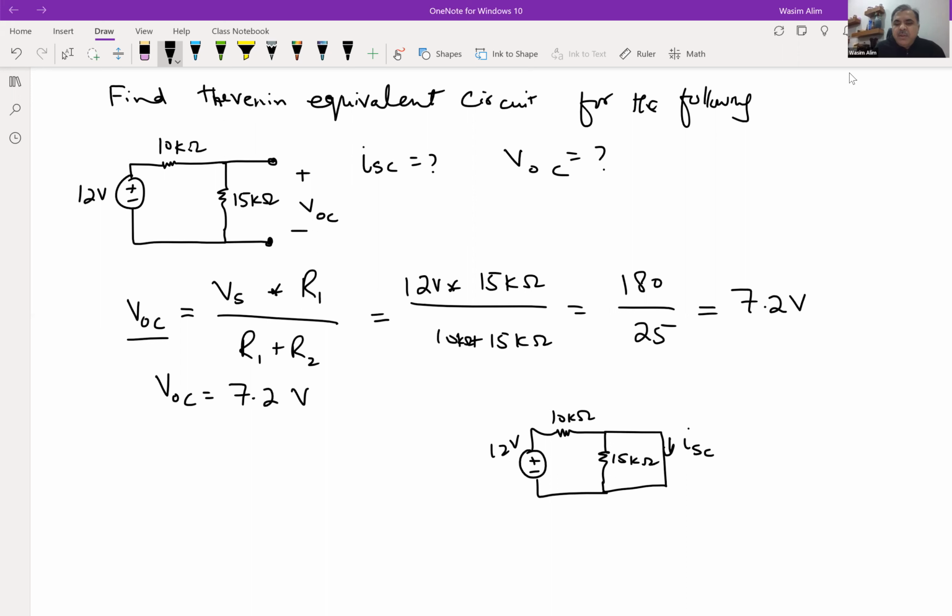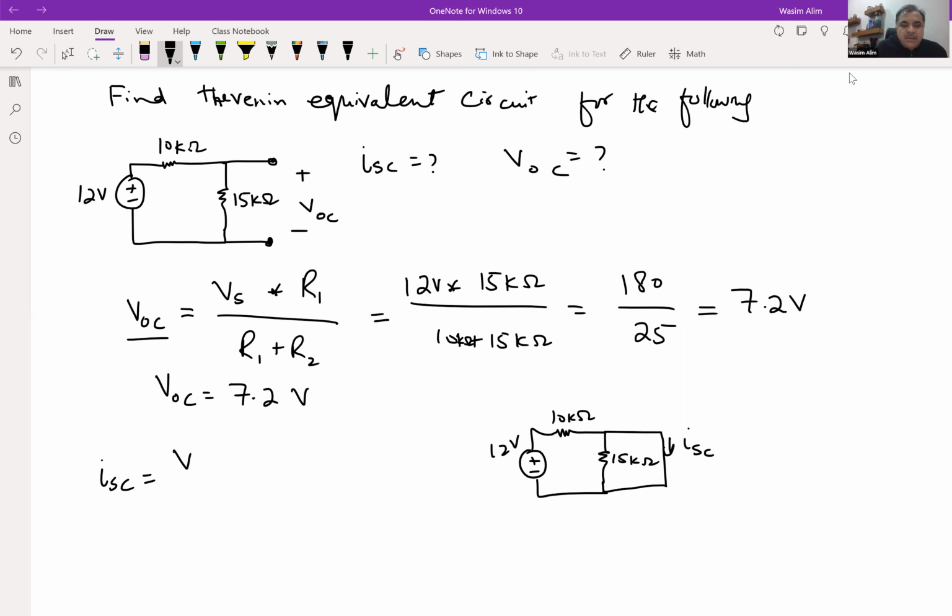So now for the short circuit, it will basically bypass this 15 kilo ohm resistor. So that resistor would be shorted out. So the only resistance that you have now is the 10 kilo ohm, right? So the path is going to be 12 volt source to the 10 kilo ohm, and then that short circuit there.